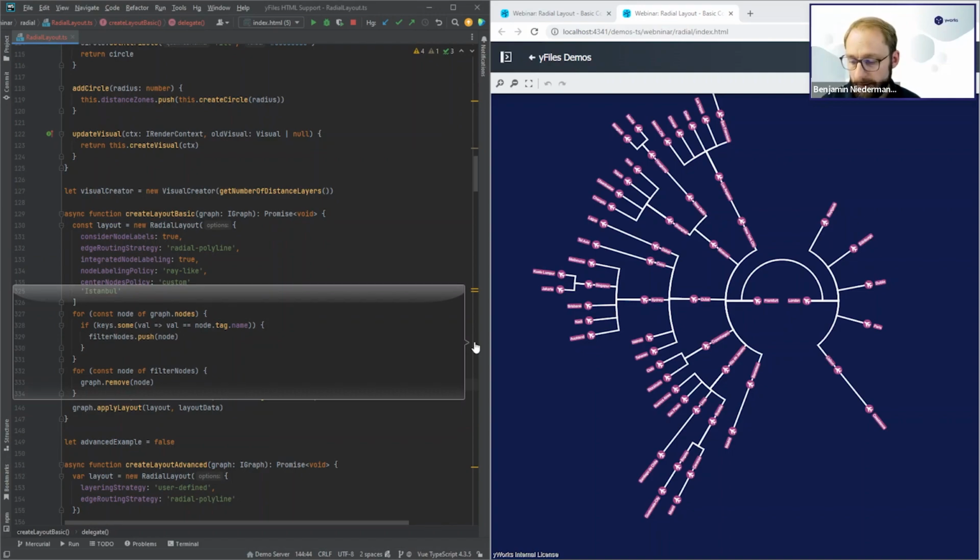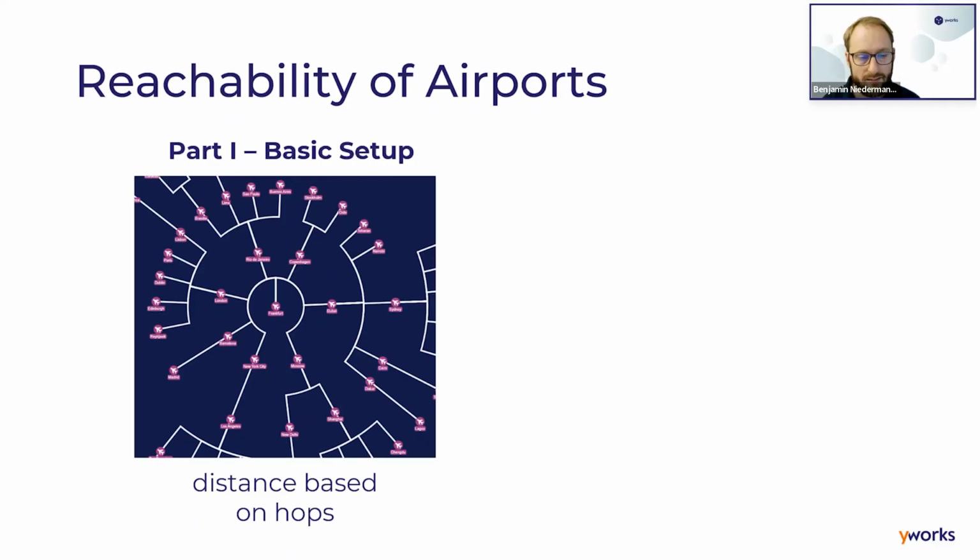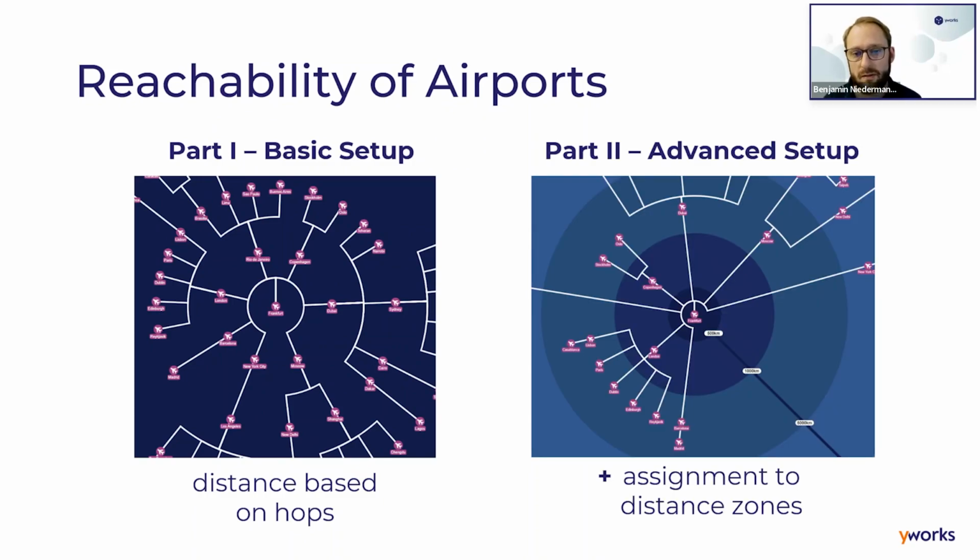Next, I would like to go to the second part of this coding example and show you how to do a more advanced setup where you define your own layers. The basic idea is that we have some kind of distance zones assigning the airports to certain distances.